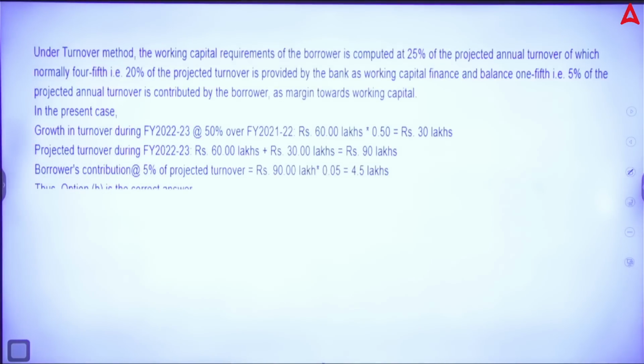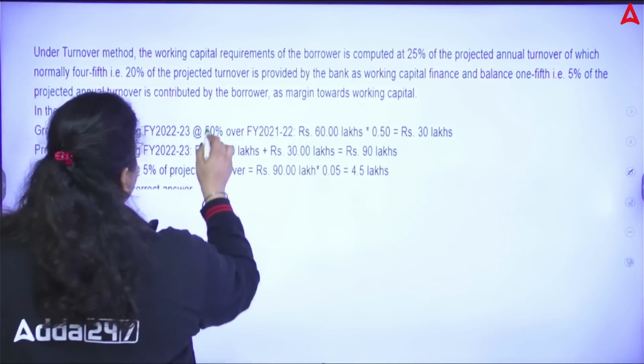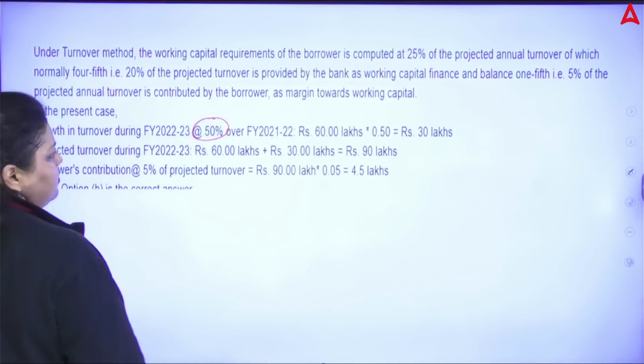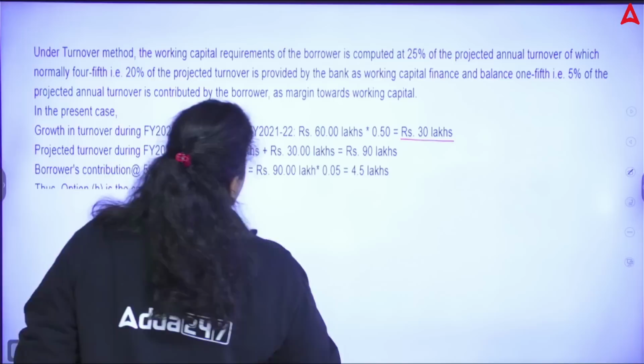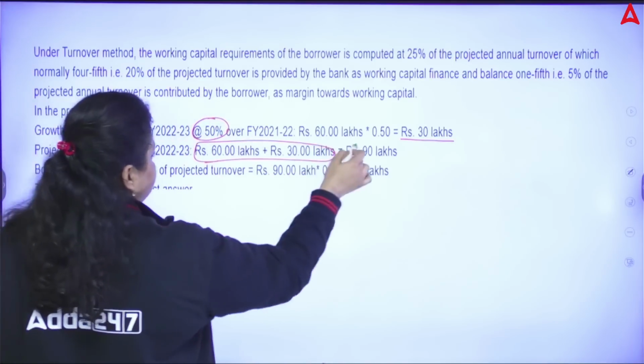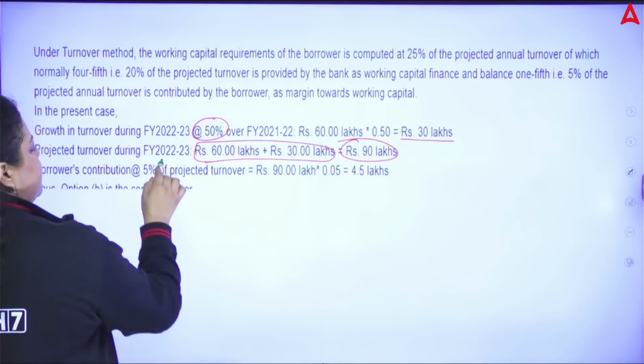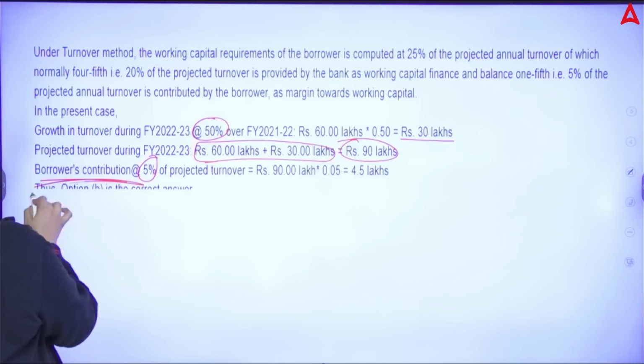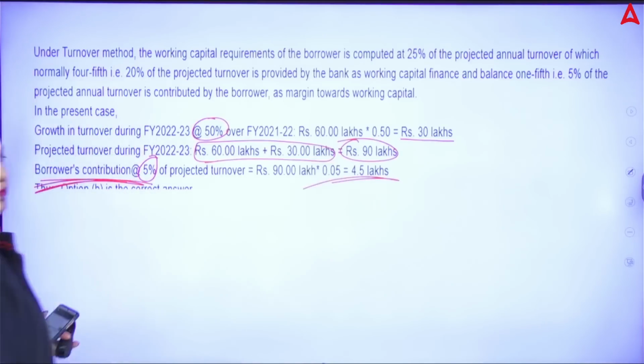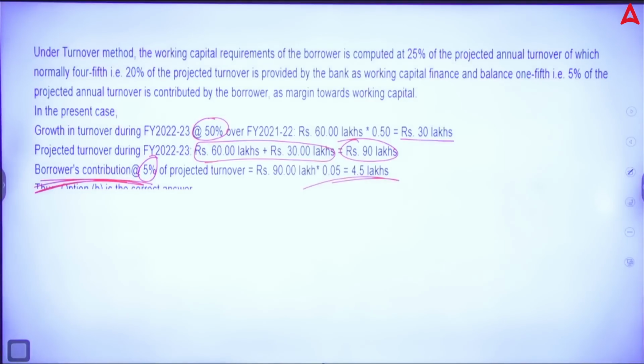First, we calculated the 50% growth. We added the growth to the recent turnover, that is 90 lakh. And then we calculated 5%, that's the borrower's contribution, and that gives us 4.5 lakh. Okay, I guess it's clear. Done.